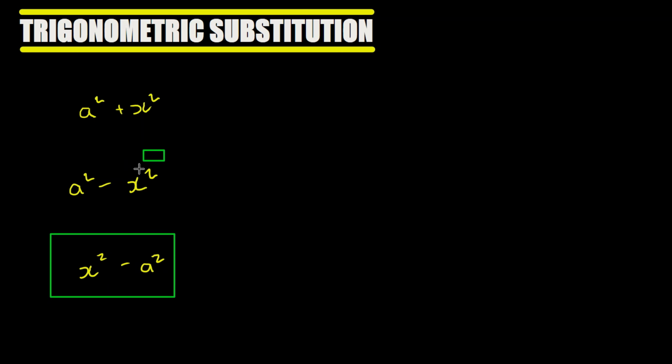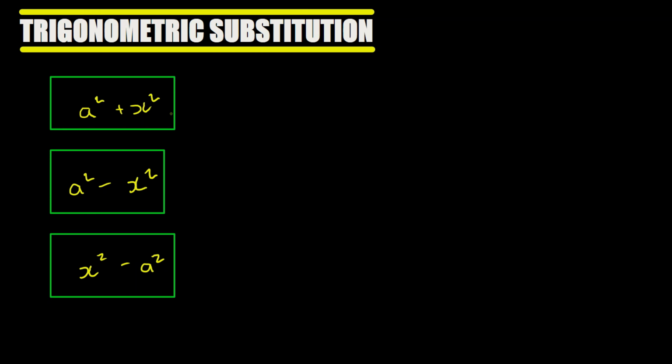And when we deal with these three rules, you should take note that for your first equation, when your two terms are added, your x will represent the constant multiplied by tan theta.